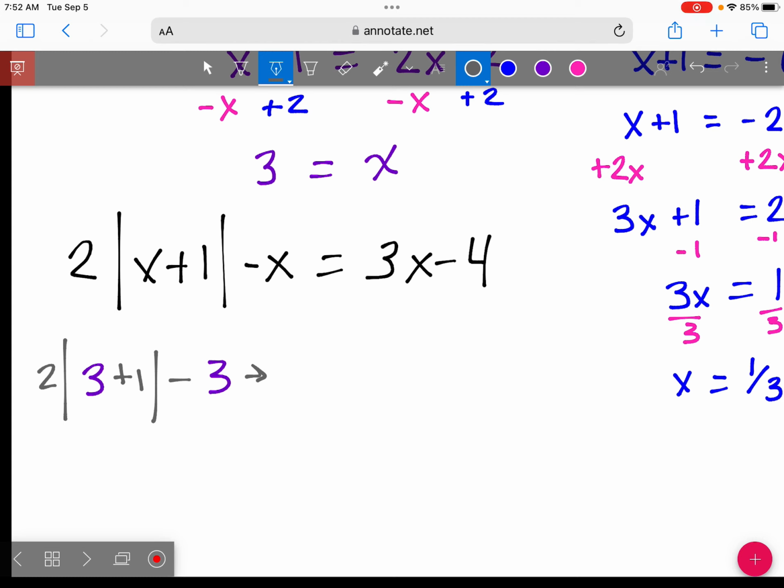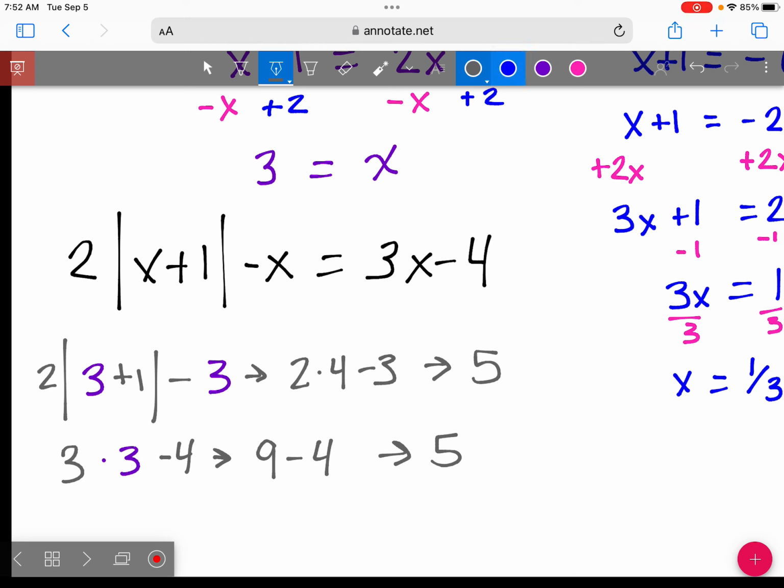So 3 plus 1 is 4, absolute value of 4. So we have 2 times 4 minus 3, which is 8 minus 3, which is 5. The other side is 3 times 3 minus 4. 3 times 3 is 9, minus 4, also 5. So this one checks. So that one checks. We love that.